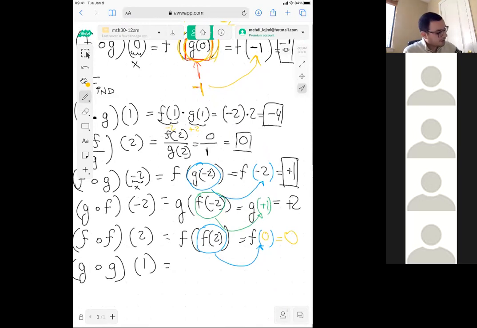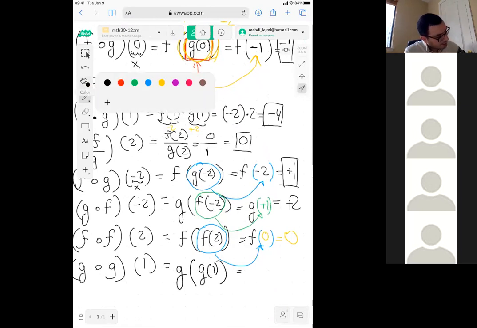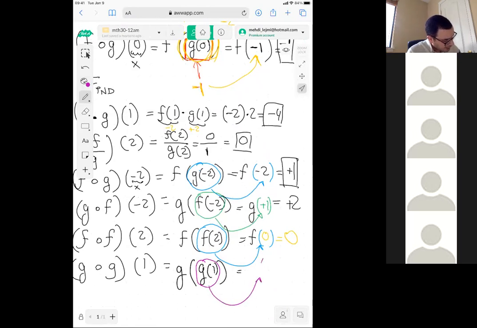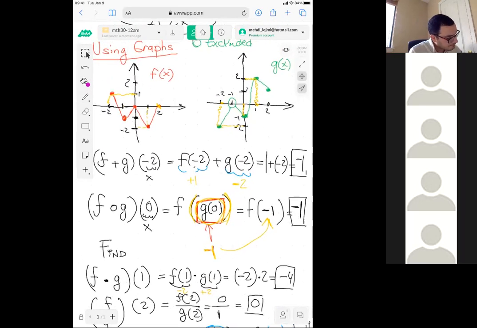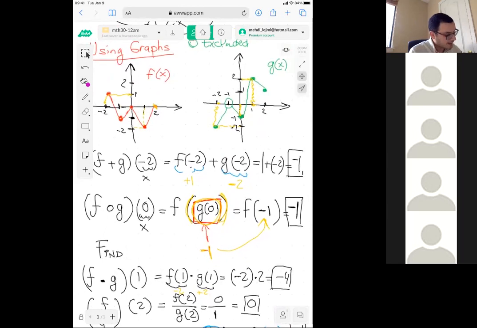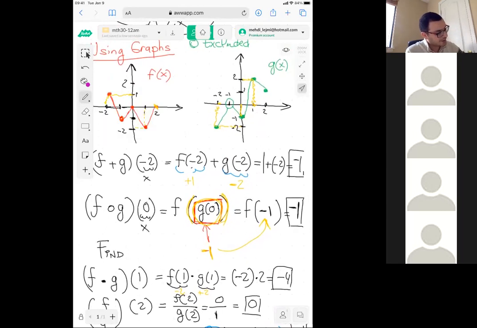Last one, g composed with g of 1. So again here, between the parentheses, you see this g of 1. So I need to find g of 1, and then I have another g outside. So first I have to find g of 1. Well, it's 2, right? You see here, this is 1.